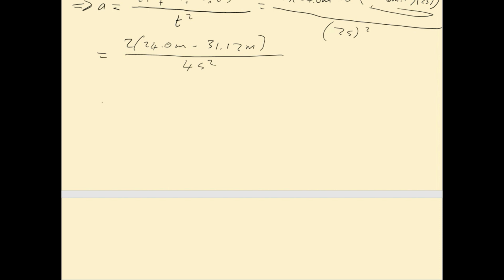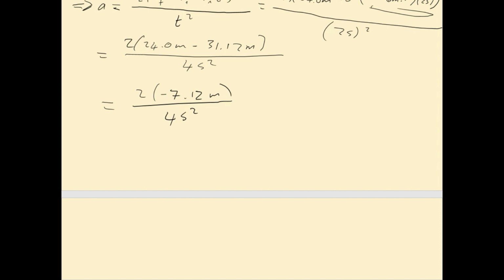I'm really doing this in many steps here; we could have just jumped straight to the answer. 24 minus 31.12 is negative 7.12 meters over 4 seconds squared.